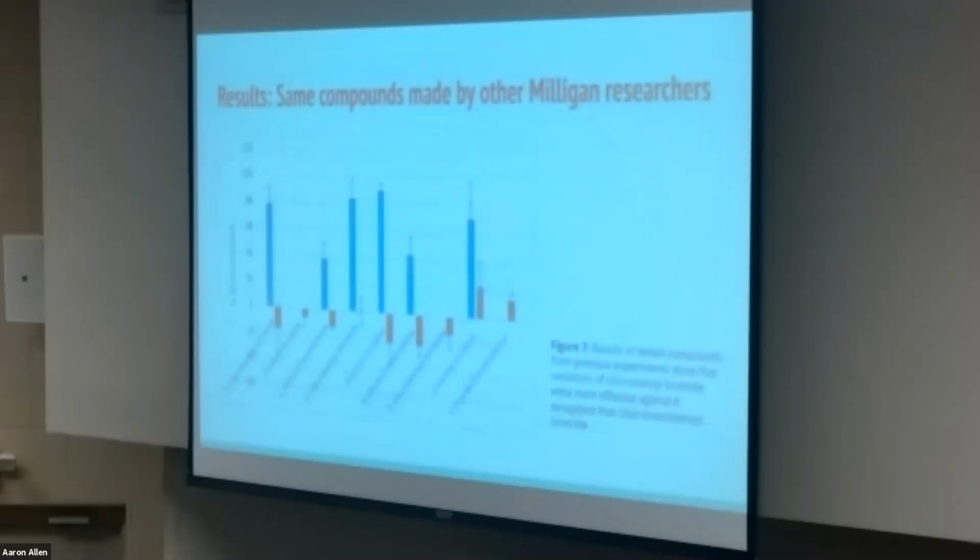This is really interesting when you look at this graph, because this is showing kind of a contrast. What you see in orange is the results that we got from our research, whereas those in blue are from the same compounds, but from past experiments. So we had determined that chloro was not so effective in treating Pseudomonas infections. Previous research has shown that it is.